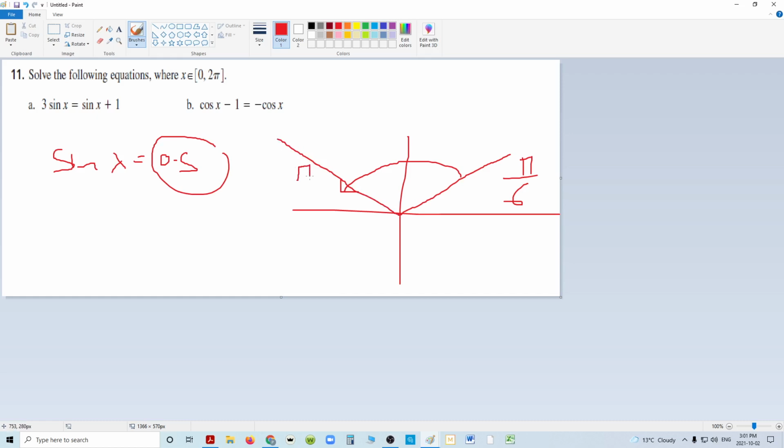But I always measure things based on the terminal angle, so I have to take 1 full pi and subtract pi over 6. So pi minus pi over 6 is clearly 5 pi over 6. So that means there's another angle, not only this one, but there's also that one, 5 pi over 6. That's my big mistake on this one, my bad.